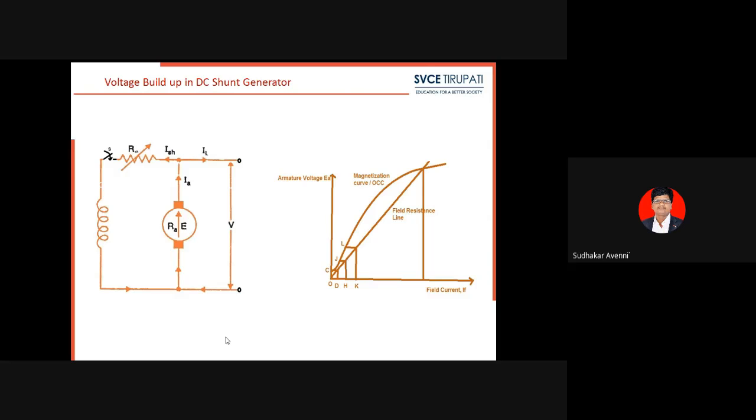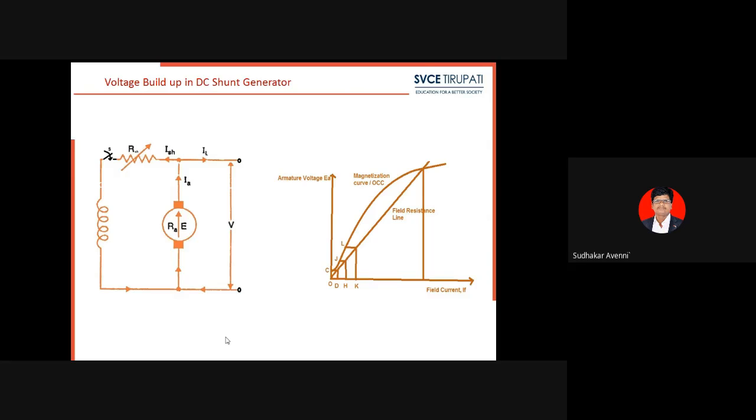The field terminals are separated and excited with a low voltage to re-establish the residual magnetism. This process is called the field flashing method. By using the field flashing method, we can develop the residual magnetism in the field poles.